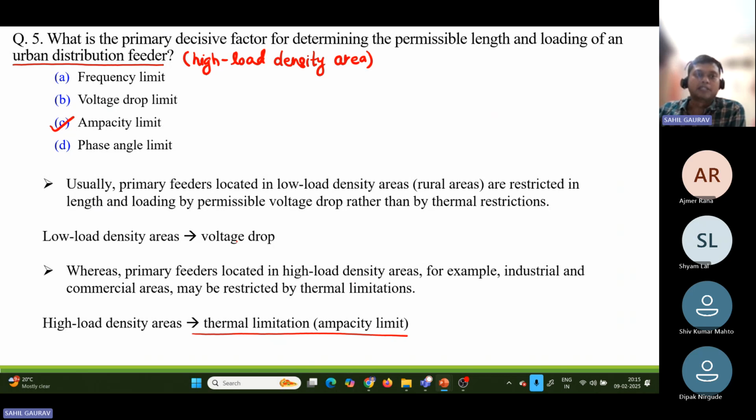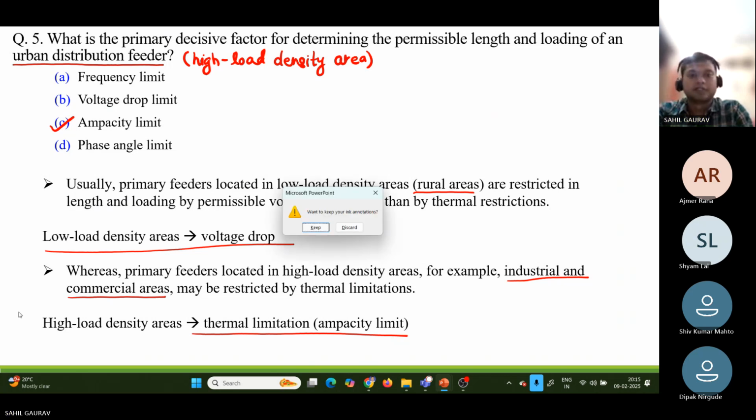While in the low load density area, we consider the voltage drop. Low load density area means rural areas, while high load density area means industrial or commercial load, or this urban distribution feeder, where the load density is very high. So can anyone tell what is the reason behind that?